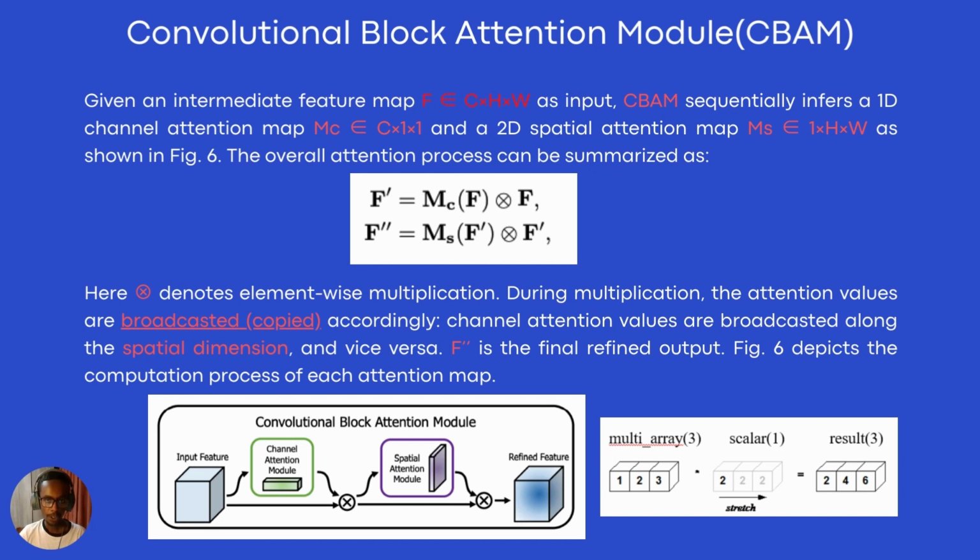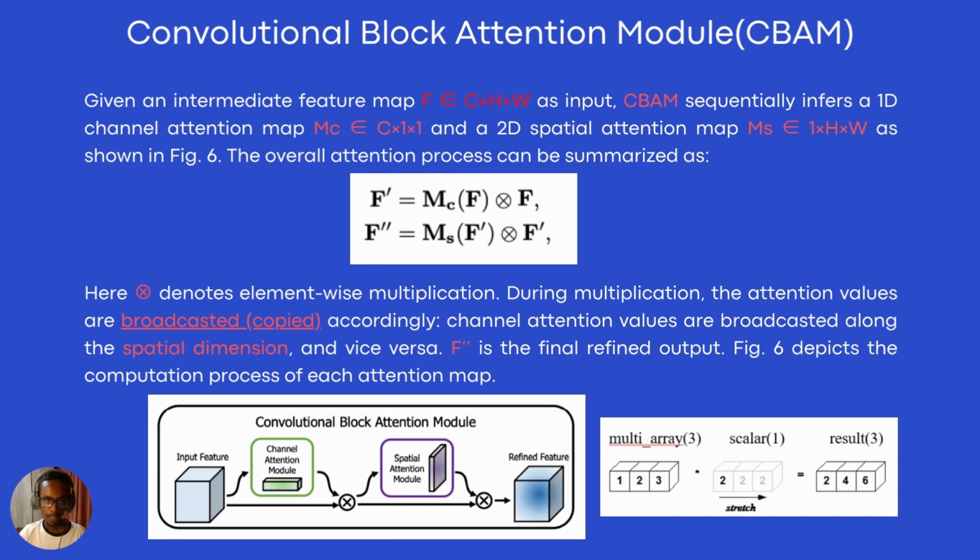During the multiplication operation, the dimensions for the input feature map are H by W by C, and the dimensions for the output from the channel attention module are 1 by 1 by C. So we can perform some kind of broadcasting in order to broadcast the 1 by 1 across the height and across the width. Then we perform the multiplication.